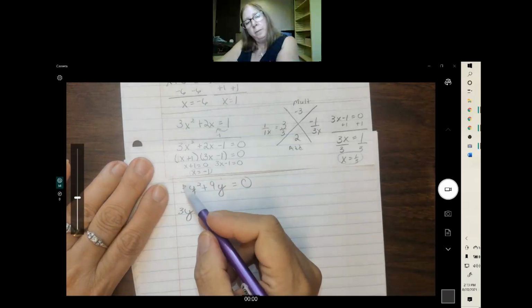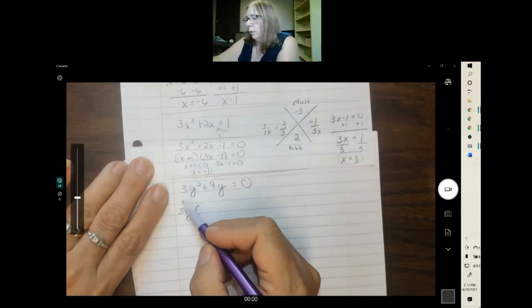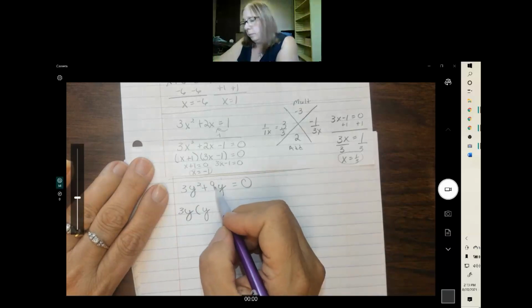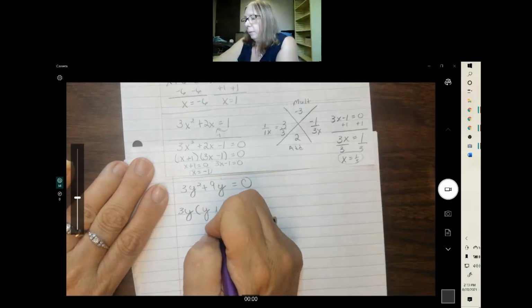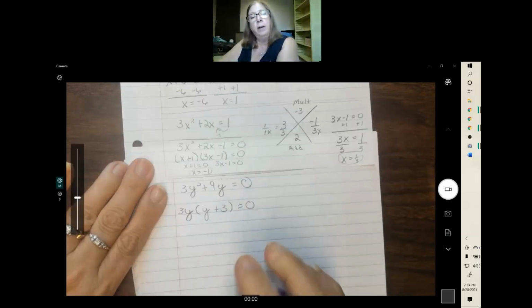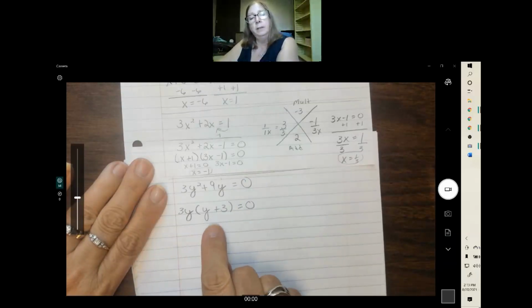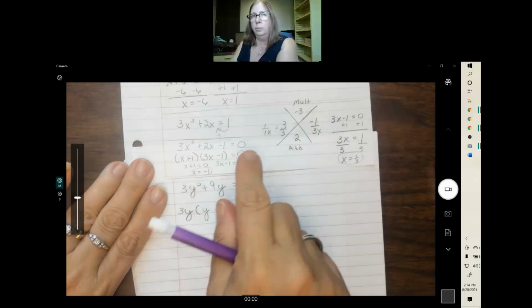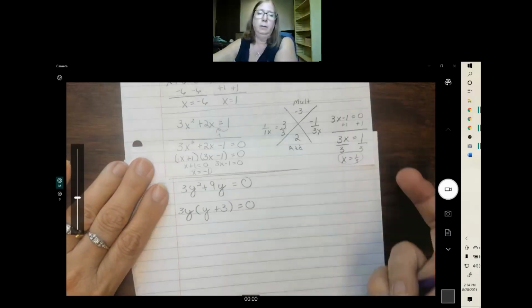Pulling a 3y out from the first term, we're left with a y. And then 9 divided by 3 is 3, and we pulled the y out. So we have 3y times y plus 3. So sometimes it's just not your normal factoring.